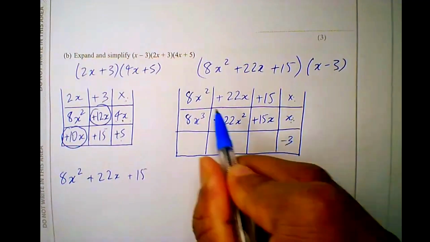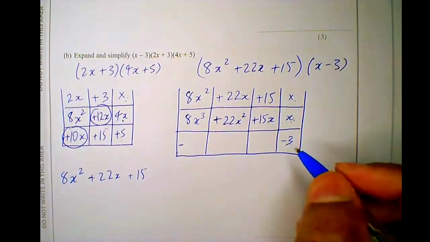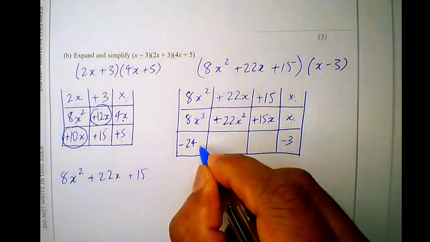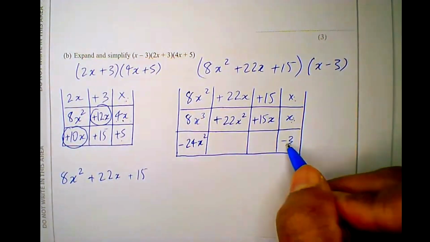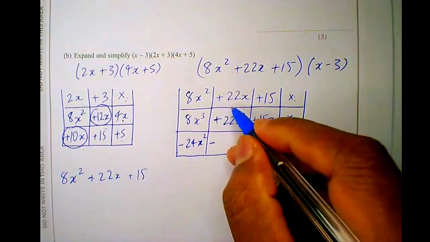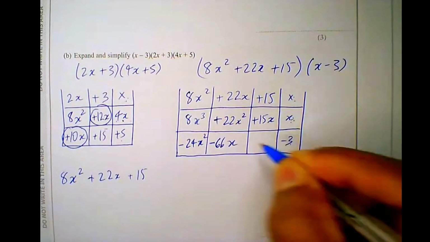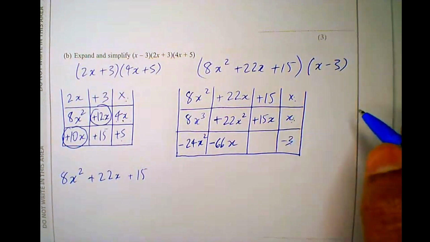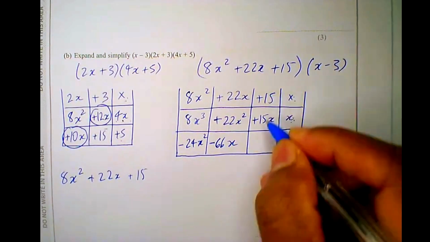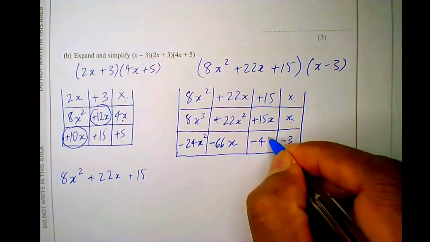Now we've got a negative and a positive, gives me a negative. 3 times 8 is 24, and it's x squared. Negative and a positive is a negative. 3 times 22, 2 times 3 is 6, so it's 66x. It is a calculator paper, so you can use your calculator as well. Negative and a positive is a negative. 3 times 15 is 45.